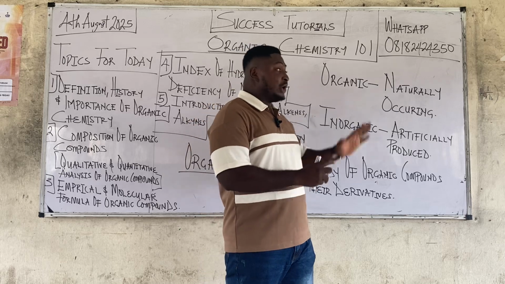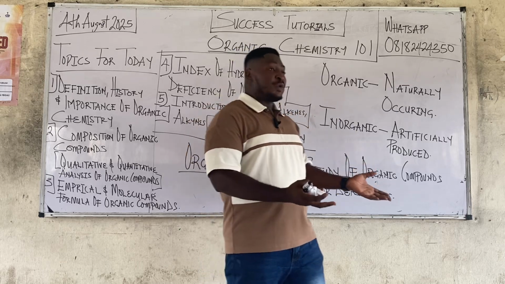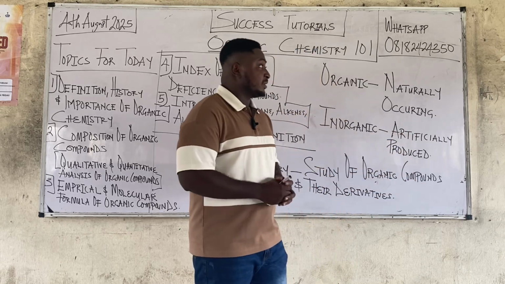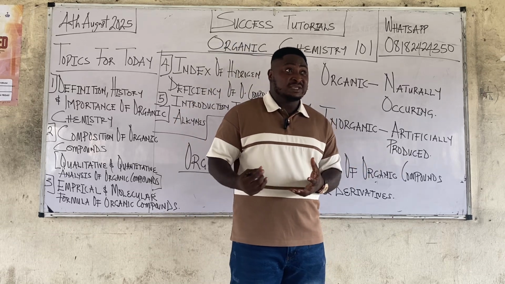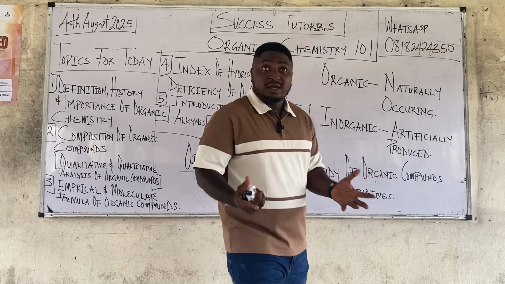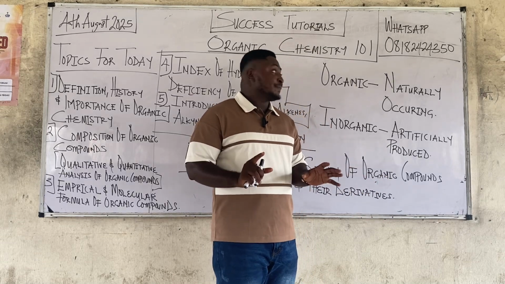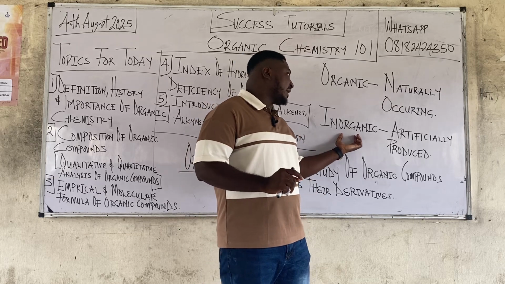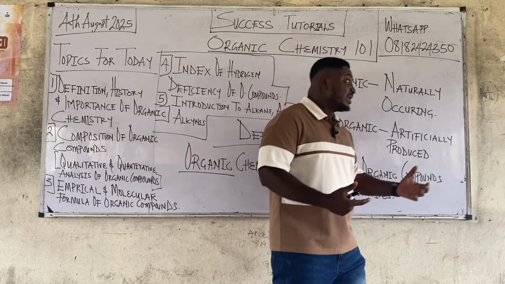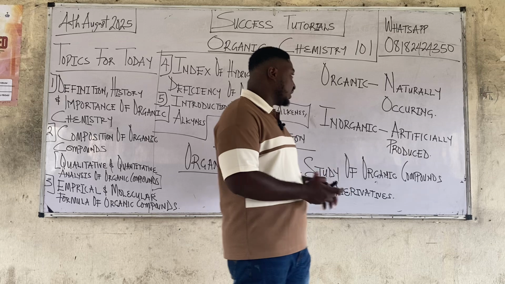That means it is naturally occurring. For example, we came as human beings to meet the plants. There are some substances that we just came to meet as they are. They were not synthesized by man. Those kinds of substances are called organic substances, while those that are artificially produced, that means man-made substances, are inorganic substances.